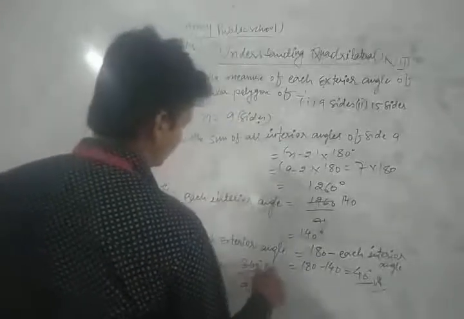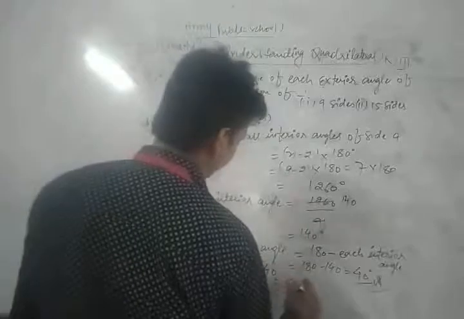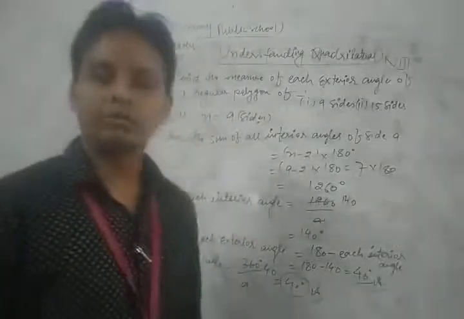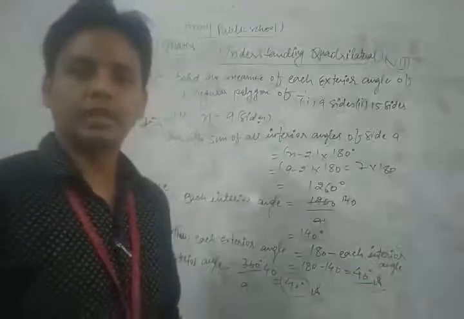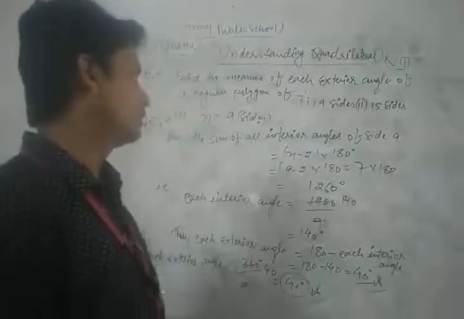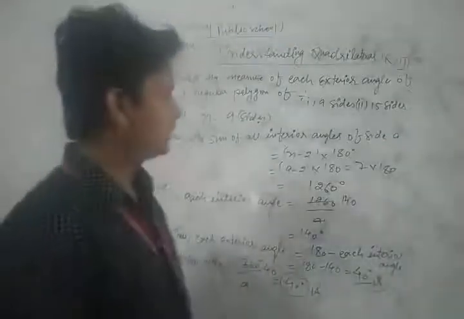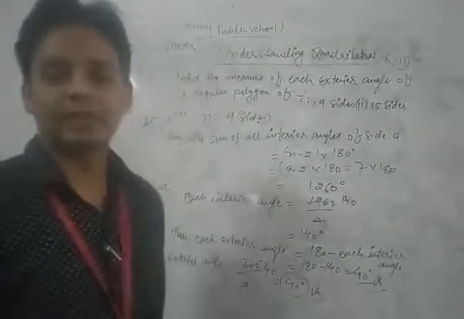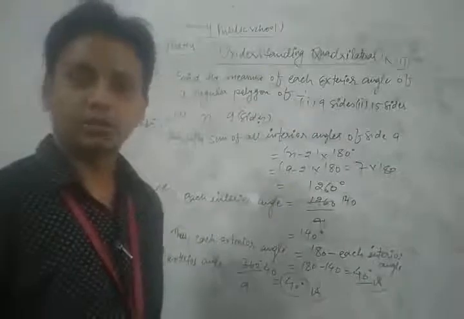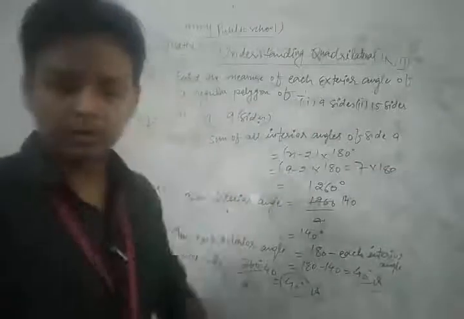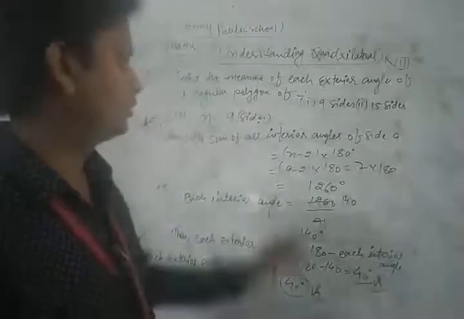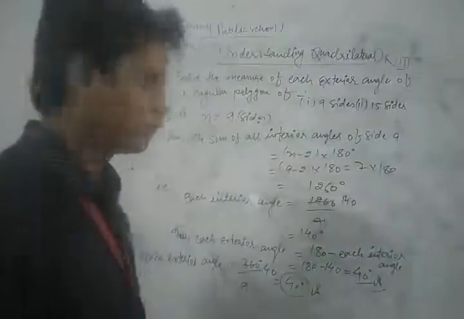Nine fours are 36, so in this way we also find each exterior angle, which is 40 degrees. So you can solve each and every question of your NCERT exercise based on the topic angle sum property of polygons. Now we are going to take and solve the next part of this question.